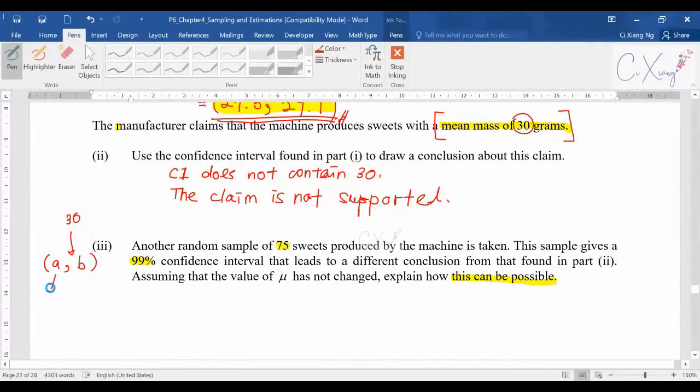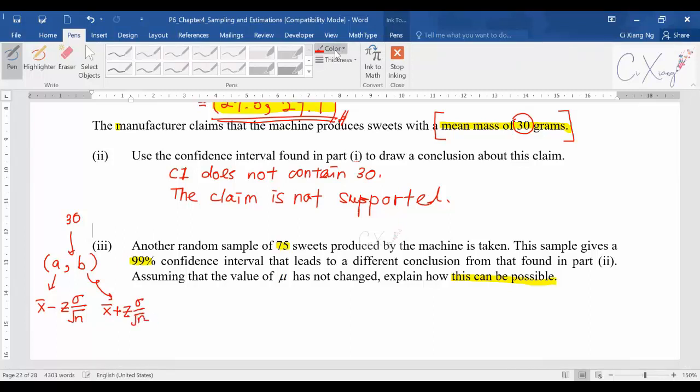Okay, so now again, to explain this one, I need to refer back to the formula here. This is the formula when you want to calculate the confidence interval, right? If they are talking about a 99% confidence interval, the value of Z will not change compared with the first confidence interval in part number 1.